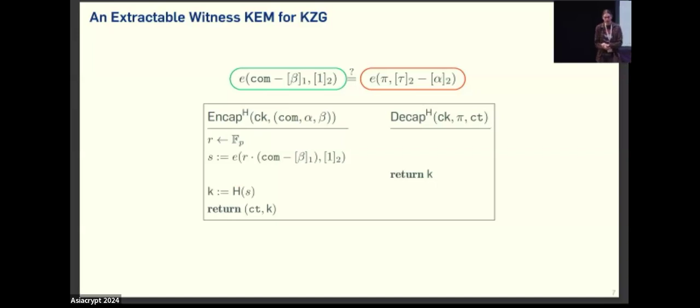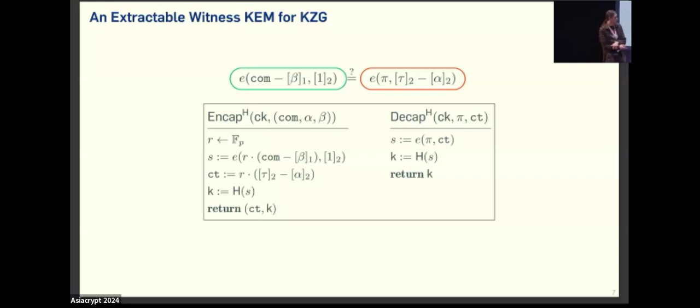Okay, so now what is missing is the ciphertext. We need a ciphertext that we send over to the decapsulator that the decapsulator can then use to derive the same key K. And as I already said, the second part of the right-hand side is actually also publicly computable. And so what the encapsulator can do, it can compute the second part of the right-hand side, and it can multiply it by r.